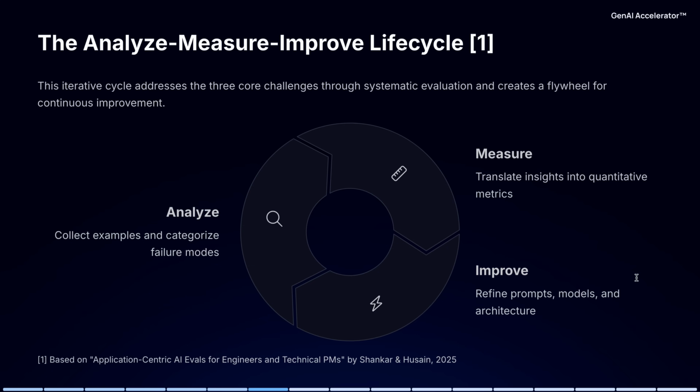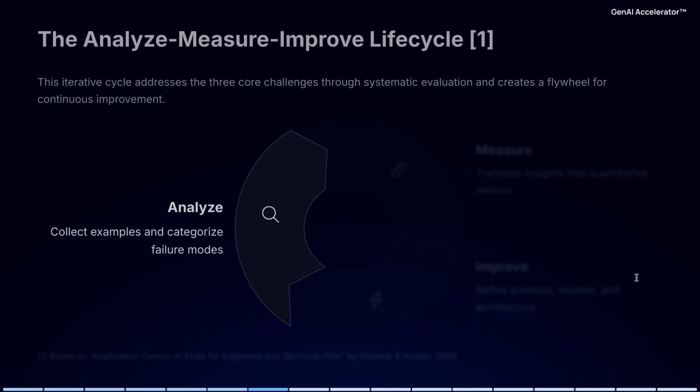This iterative cycle addresses the 3 core challenges that we've identified: data specification gaps, and then the inconsistencies, through systematic evaluation and creating a flywheel for continuous improvement. So what you want to do is start by analyzing everything that's flowing through your system. Collect examples and categorize the failure modes. This is something you can do in LangFuse.